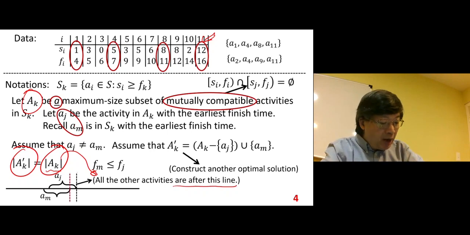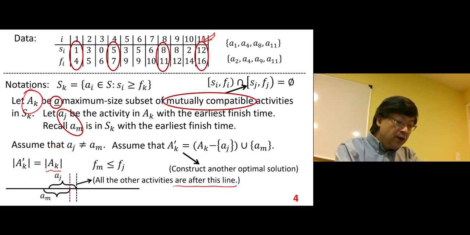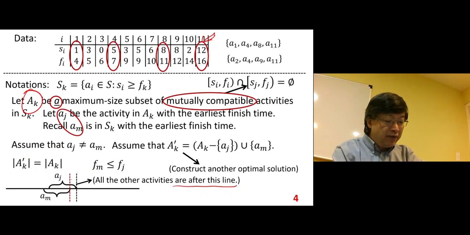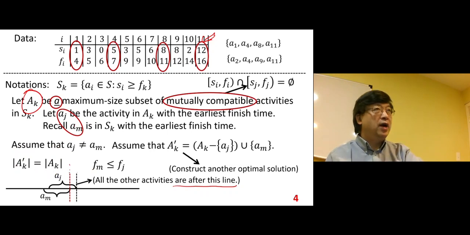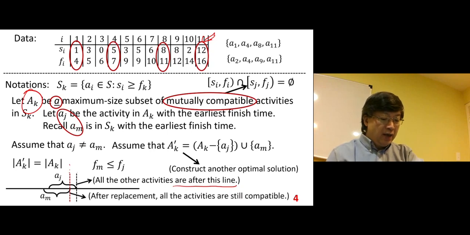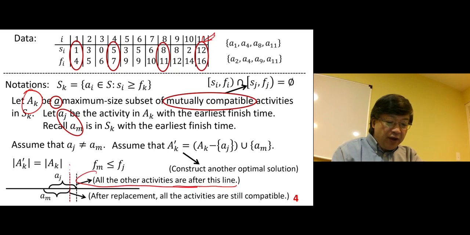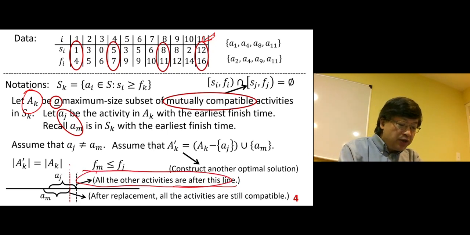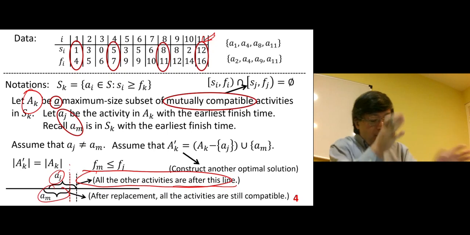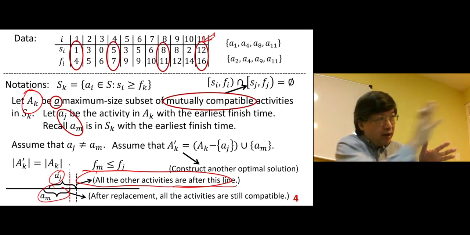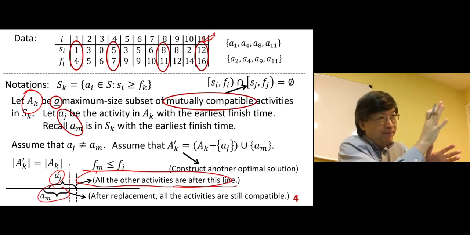Similarly, in A prime K, all the activities are after that dotted line. Now we keep these activities. We replace A J by A M. You can see we push the finish line to the left, right?